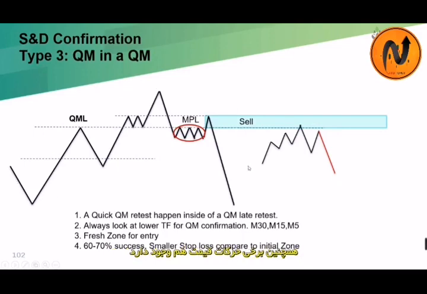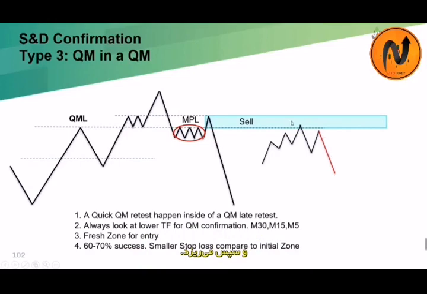Of course, there's some price action. But usually I'd say I've encountered 70-80% of the time it is a quick retest, meaning it goes down very fast, comes back, gets the fresh supply zone and then goes down.